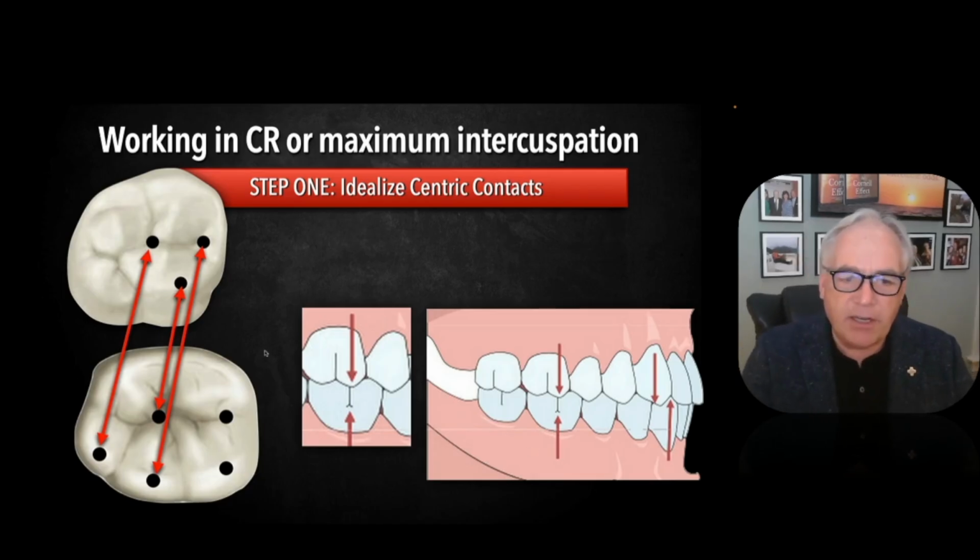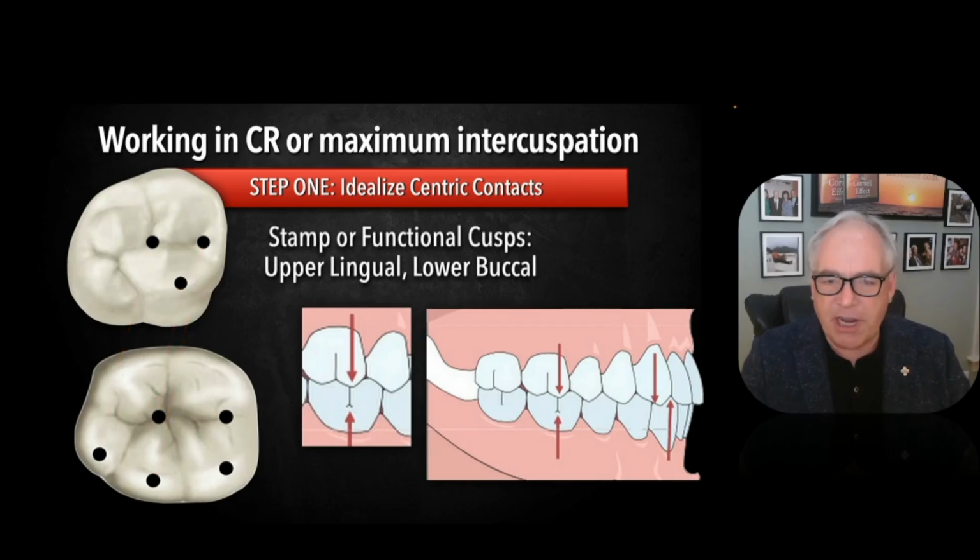Because what we're trying to do, if it's a mandibular tooth, is get the lower buccal cusp or cusps landing on a flat surface, and we would like the upper lingual cusps landing not on an incline but on a flat surface. And so many times, staring at where these functional or stamp cusps are landing, stamp or functional cusps are the upper lingual cusps and lower buccal cusps, this is always where we're going to start looking first.